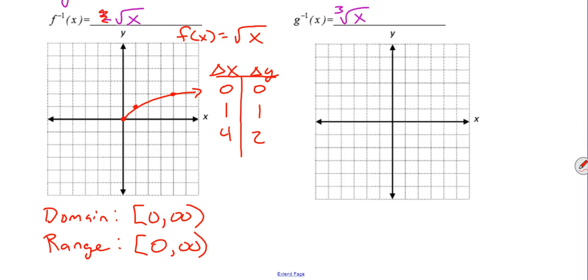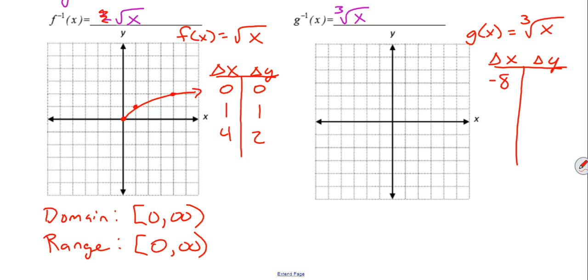The next thing I'm going to look at here is the parent function, and we'll call this g of x, for the parent function, the cube root of x. Now, because it's odd, we don't have to make any restrictions on the domain and range. It'll be negative infinity to infinity. But again, when I pick my values, I'm going to pick nice, easy values that I can take the cube root of.